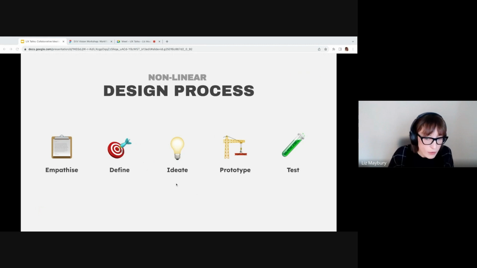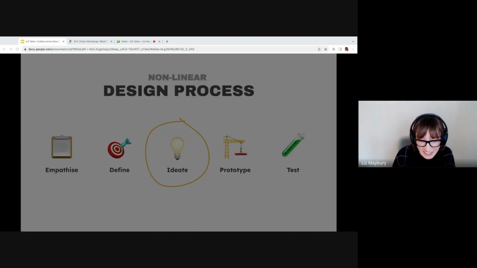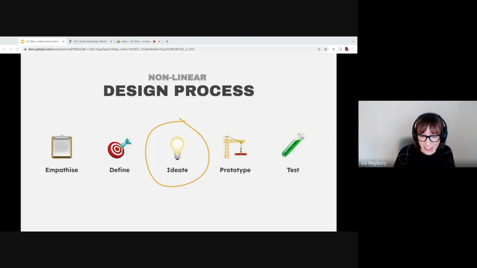Ideation or brainstorming, generating ideas that are going to solve this problem. Prototyping, building, and then of course testing, and then iterating through many of these cycles. In collaborative design, there are different methods and exercises we can use at many points during this process. But what I want to hone in on today is the ideation stage.